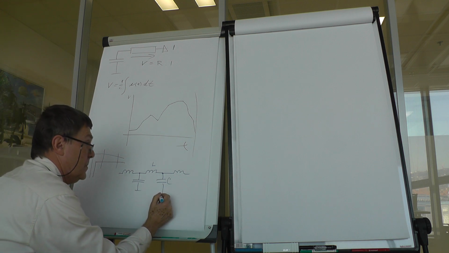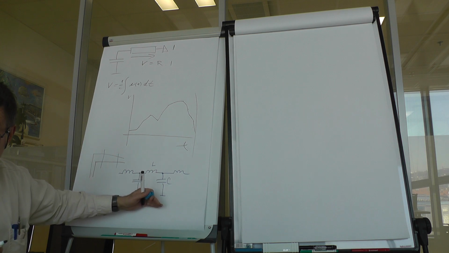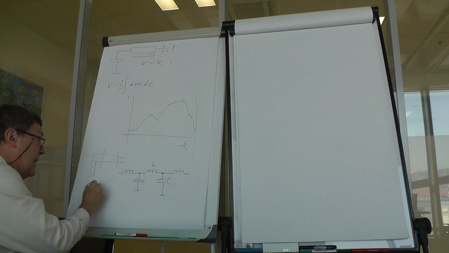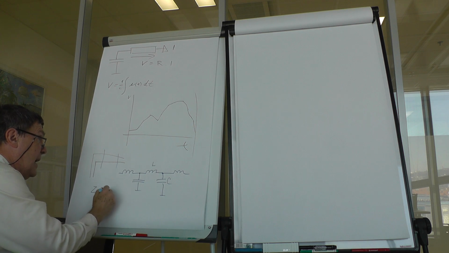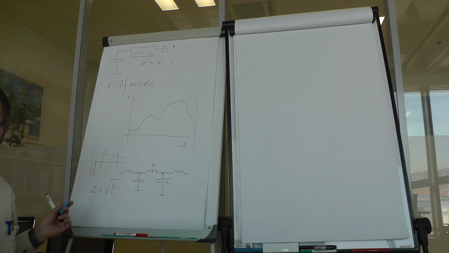But we will have something which is called the impedance of the line, which for a lossless line is a square root of inductance over capacitance.